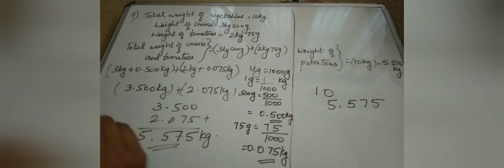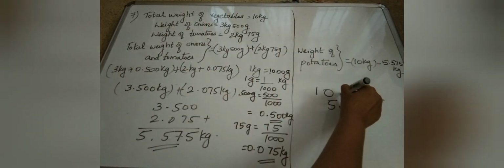From 10 we have to subtract 5 point. So 5 is in ones place. Here in 10 the ones place is this 0. So place the 5 below that 0 and 5.575. You don't have any numbers, so you have to add zeros. Keep the decimal point, add 3 zeros.